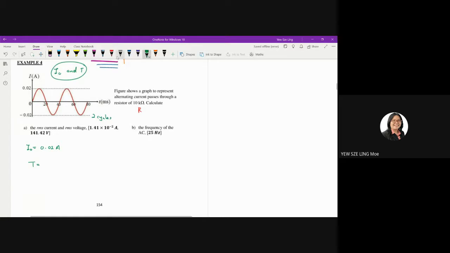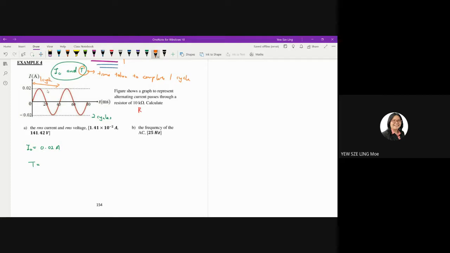But if you recall, what is the definition of period? It is the time taken to complete one cycle. So that means 80 is not the period. That is not the value that we want. Looking at this graph, one cycle is actually from 0 until 40. This is one cycle.